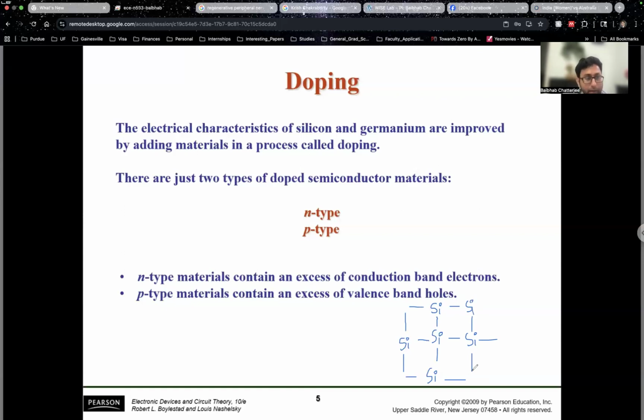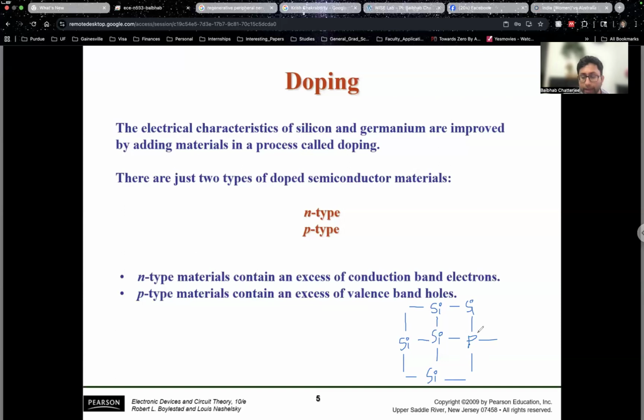Now, let's say I put some amount of impurity into pure silicon. Let's say I introduce some phosphorus. So let's say instead of this atom, I somehow introduce a phosphorus atom over here. And again, if you go back to your periodic table, which you learned in high school chemistry, a phosphorus atom will have 5 outer shell electrons.